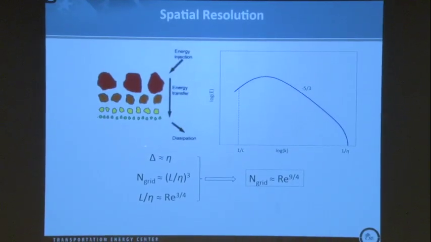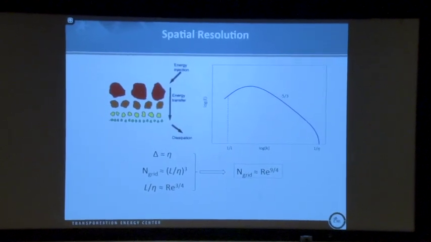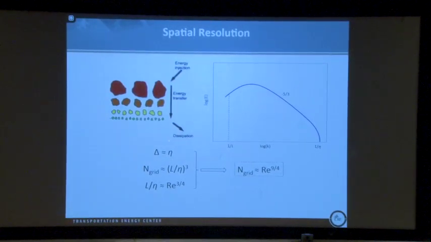I've summarized here the spatial resolution requirements: you need to resolve the Kolmogorov scale with 1 to 2 grid points. The number of mesh points scales as the range of scales that you're trying to resolve, from the largest to the smallest, cubed, because you're doing this in 3 dimensions.